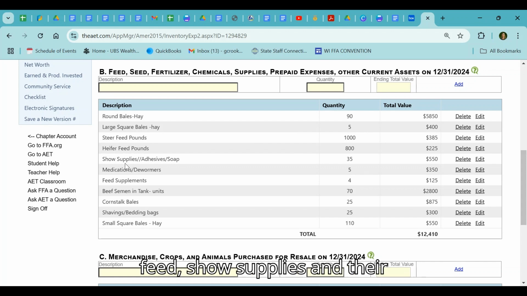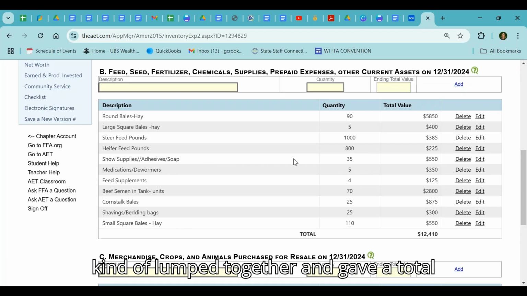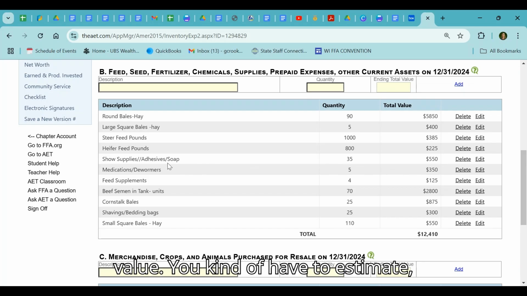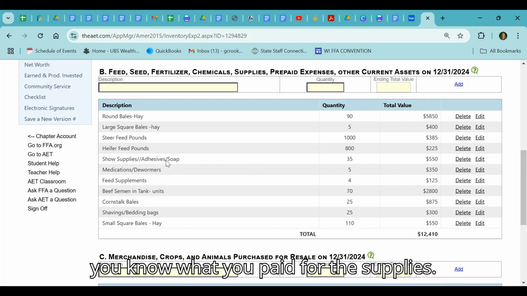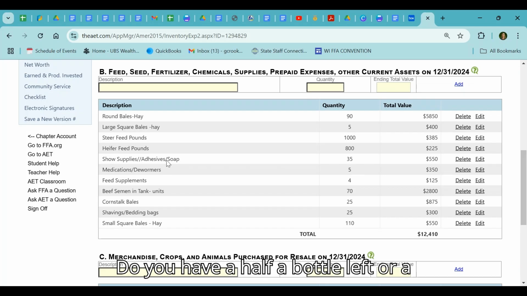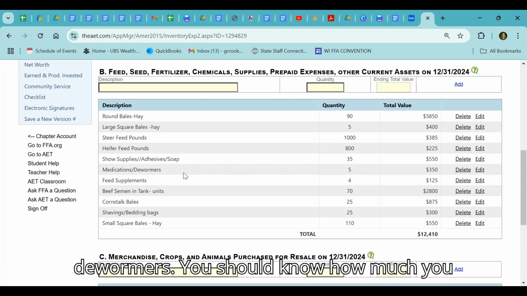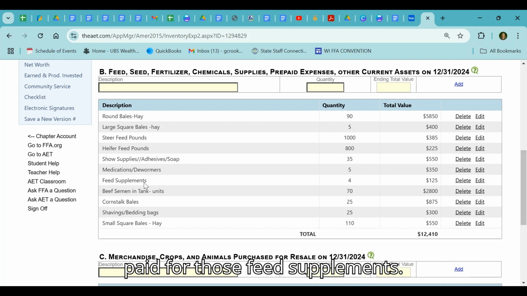Same with heifer feed, show supplies, and their adhesives. All of their show supplies, they kind of lumped together and gave a total value. You kind of have to estimate. You know what you paid for the supplies. Do you have a half a bottle left or a full bottle? Is it 3/4 full? You can estimate what percentage you have and use that to figure out the price. Medications and dewormers, you should know how much you paid for those.